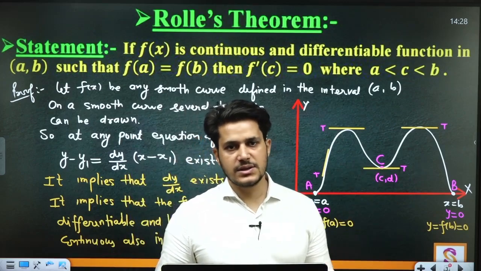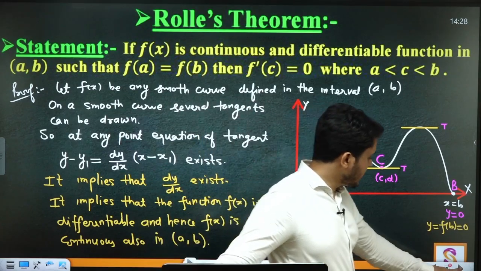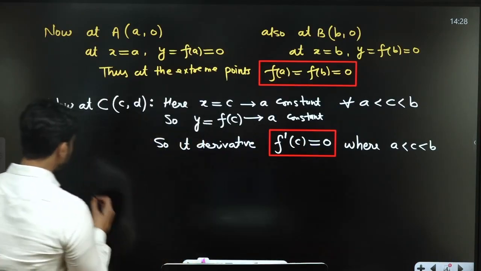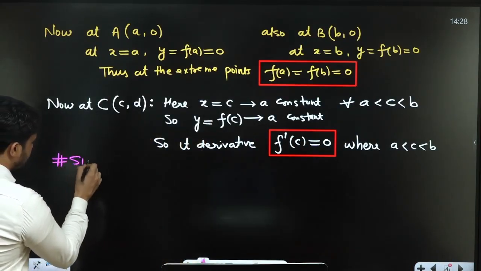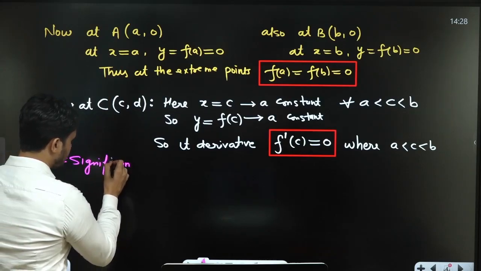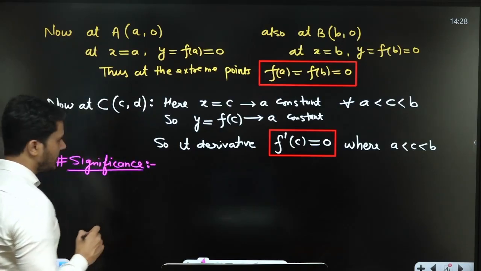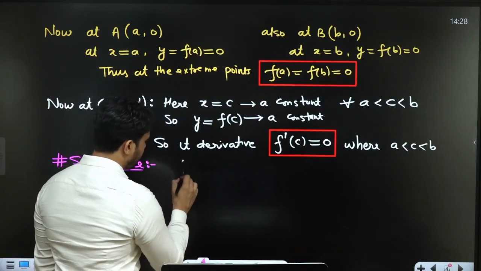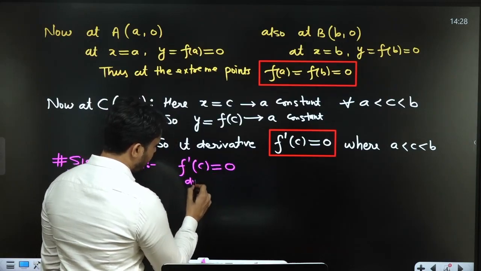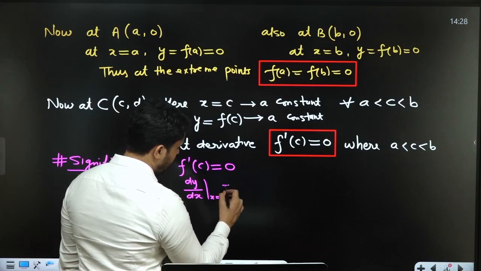There will be a point c at which you can draw a tangent which is always parallel to the x-axis. What does it mean? Write the significance here. Significance of this term: f dash c is equal to 0 means dy by dx at x equal to c will be 0.